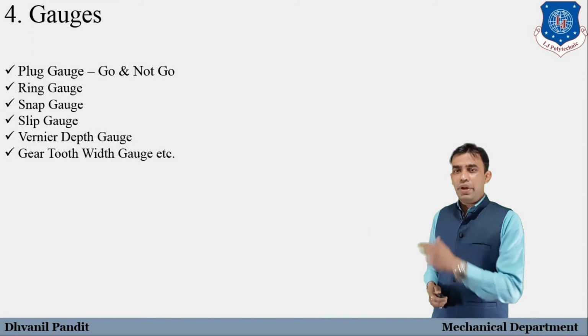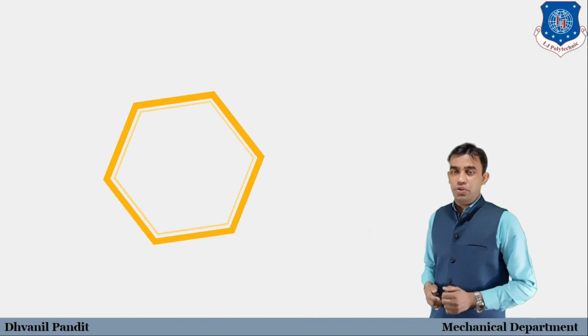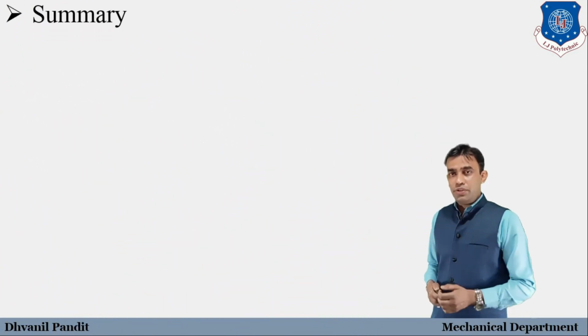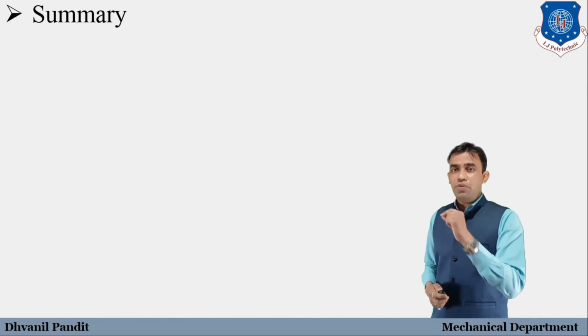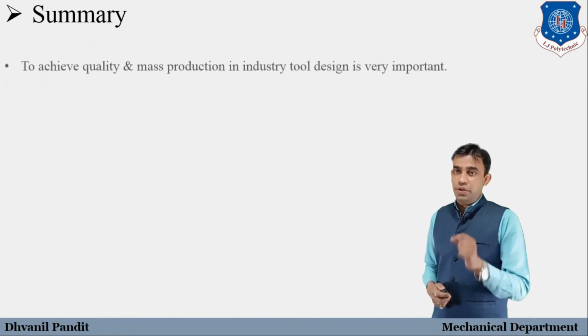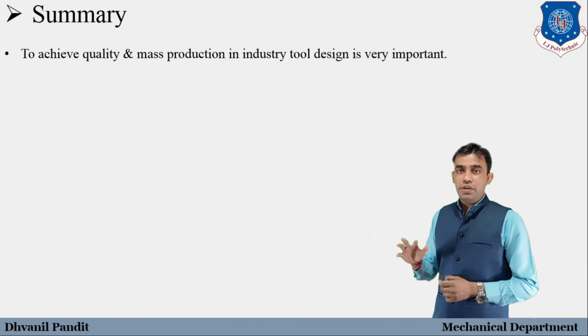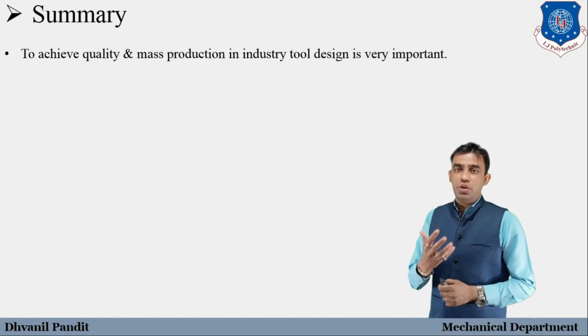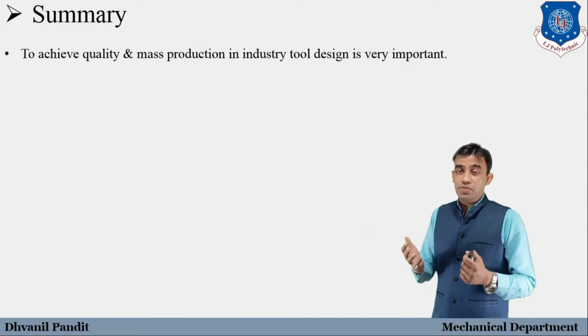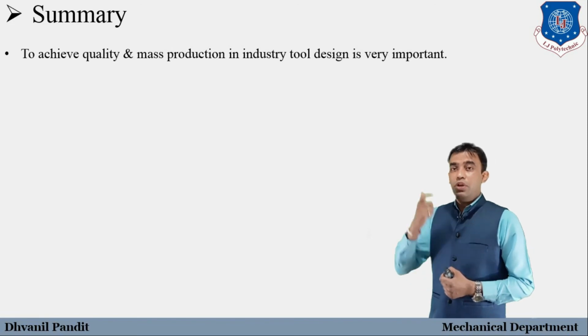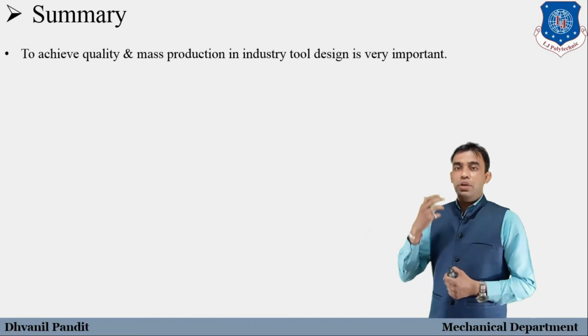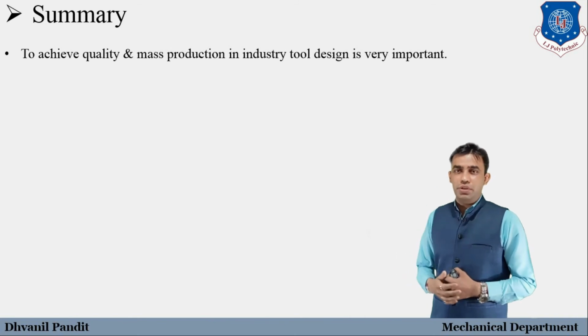Right? So let's summarize today's concept of tool engineering. As you can see on your screen, to achieve quality and mass production in industry, tool design is one of the very essential aspects and very important criteria. Tool design is very important to achieve quality, production, and efficiency in the industry.